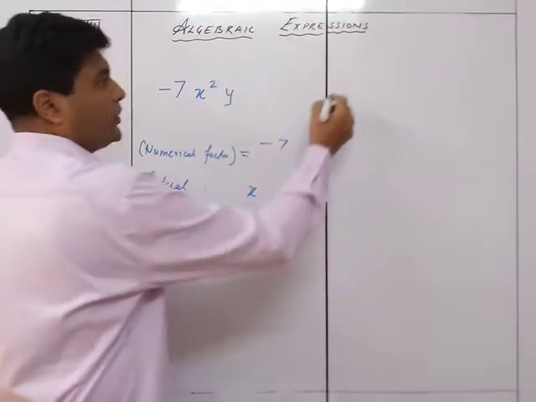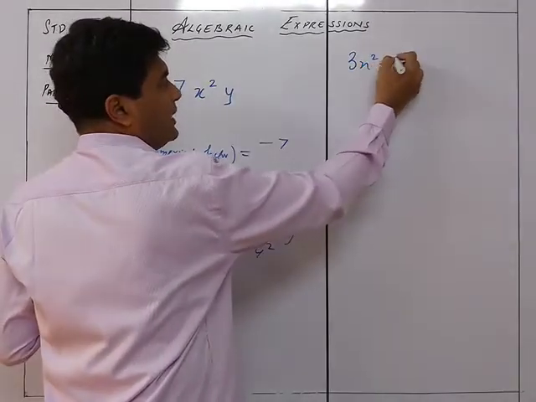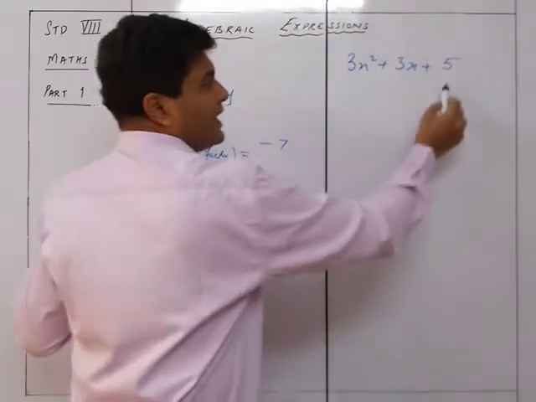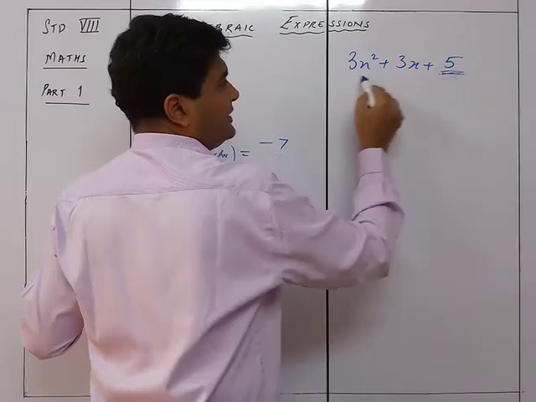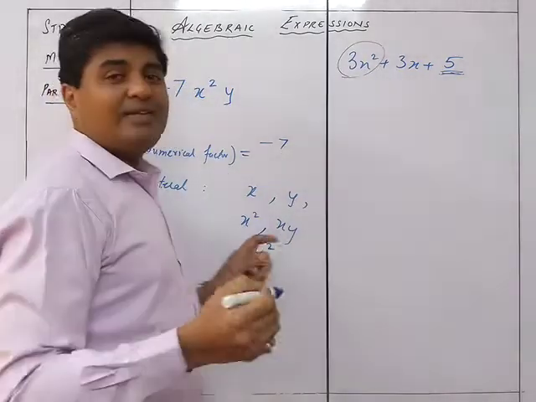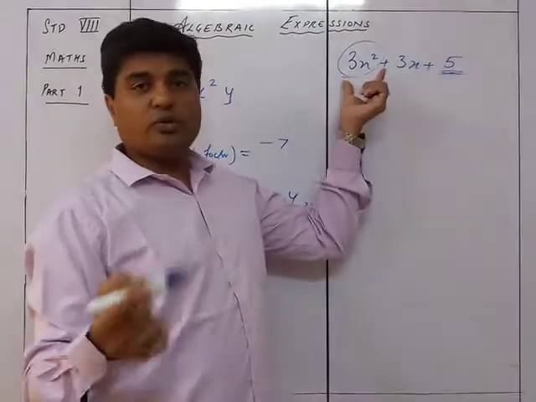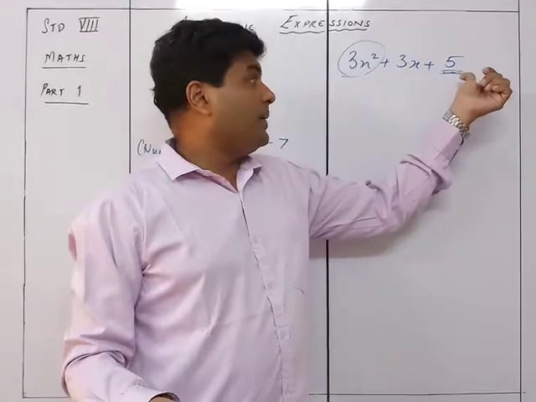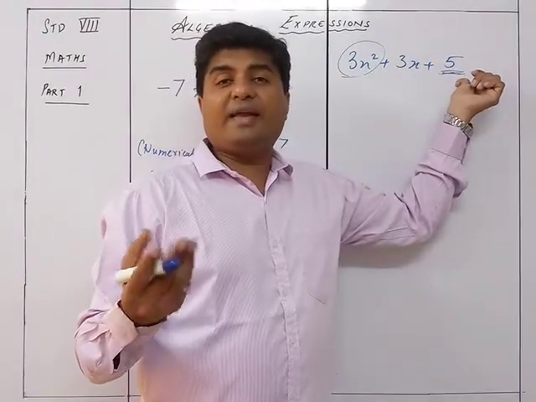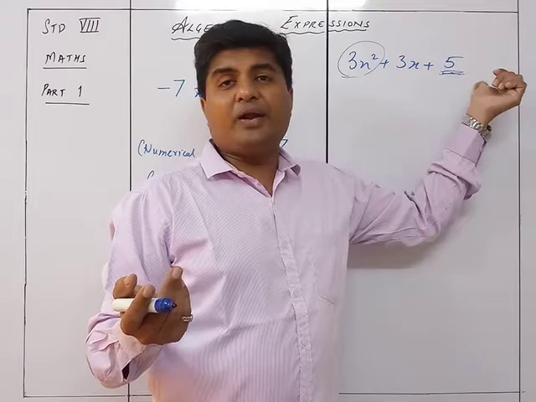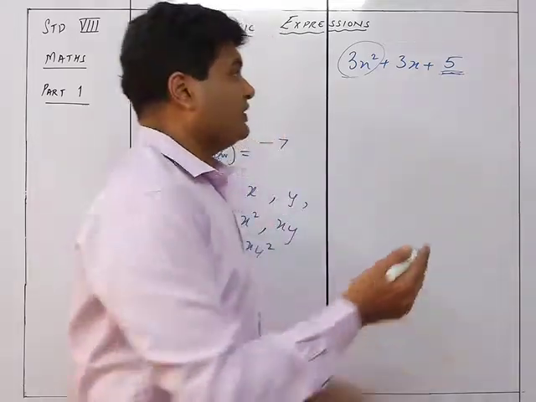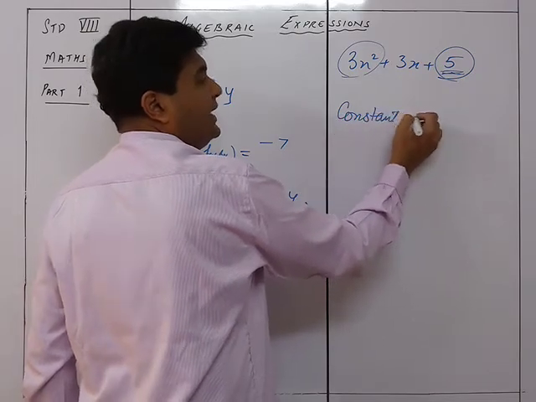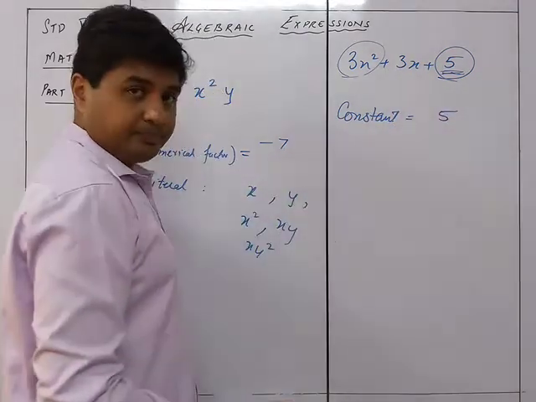For example, if I have 3x square plus 3x plus 5, the value of x keeps changing, so the value of 3x square and 3x is going to change. But the 5 is independent of any x or y or any variable. Therefore, the 5 over here is called the constant. So the constant of the algebraic expression over here is 5.